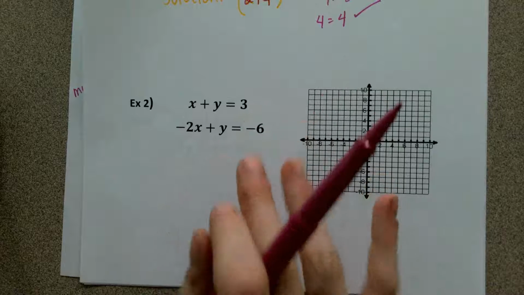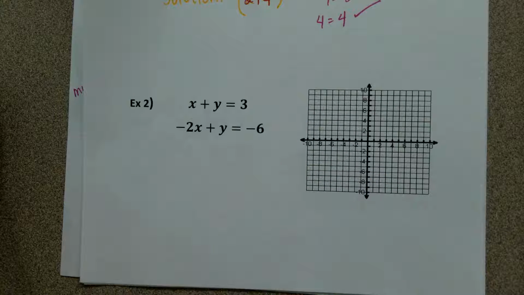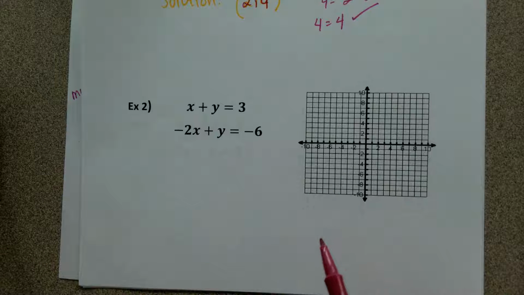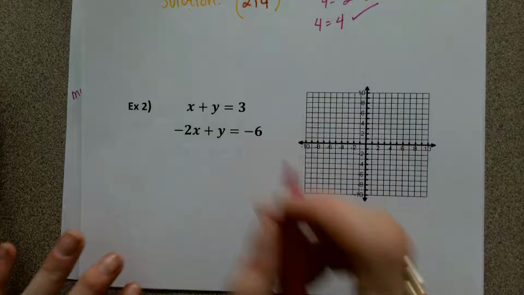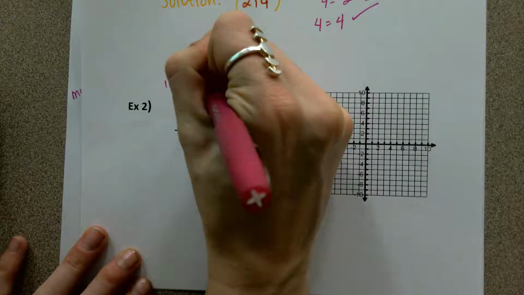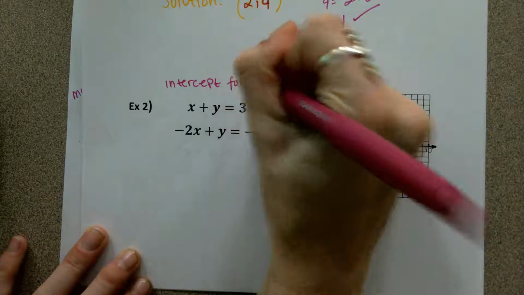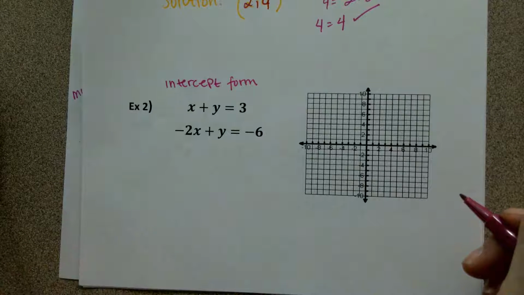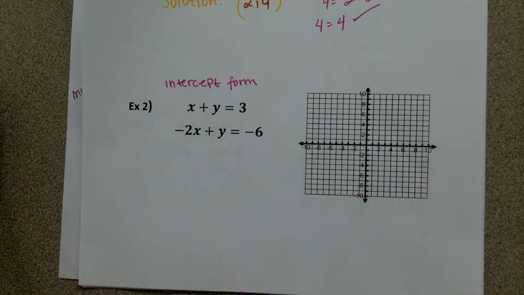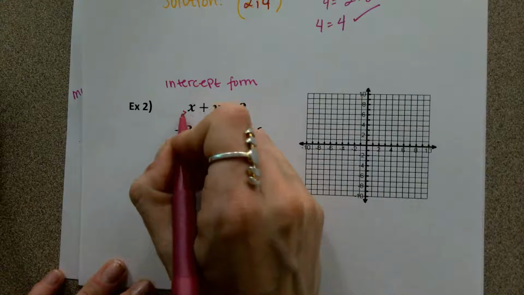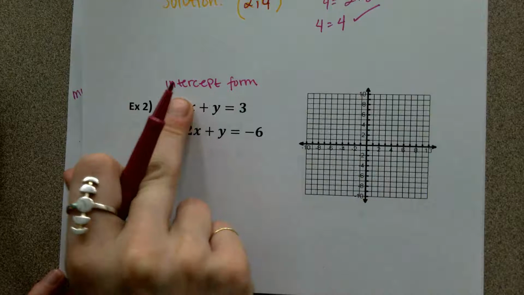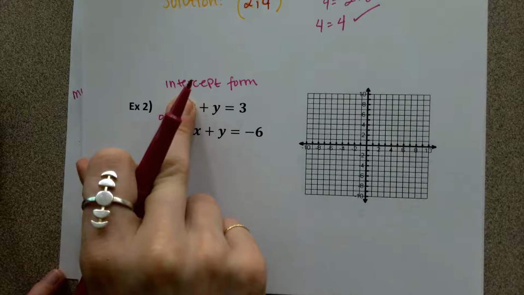Okay, if we have equations that are not written in y equals mx plus b form, we can go ahead and do intercept form. Intercept form is where we just solve for our x and y intercepts and plot those. So if we plug 0 in for x, then we technically just cover this up and write what's left over.